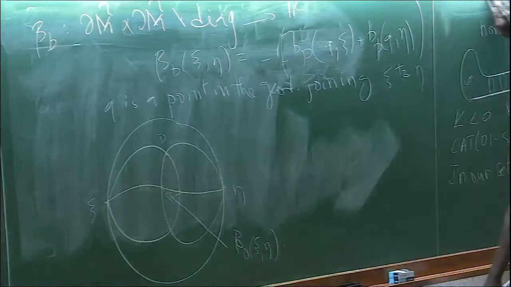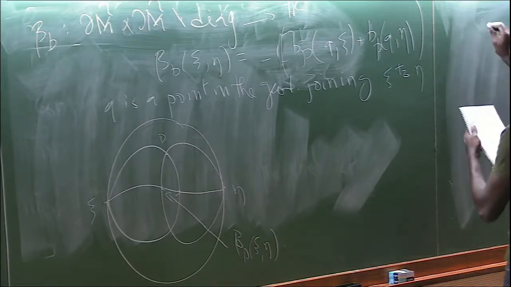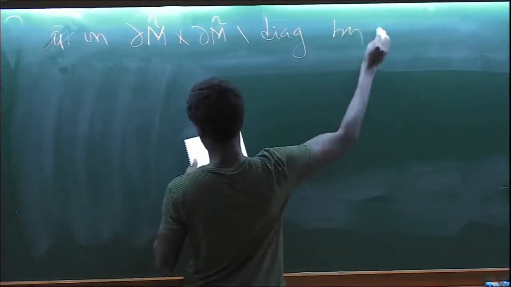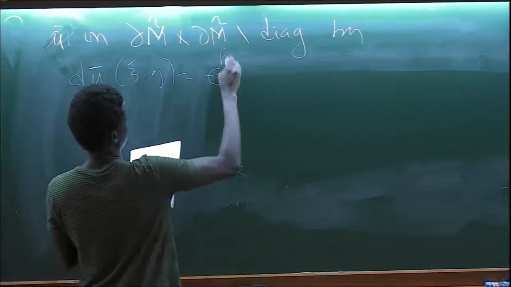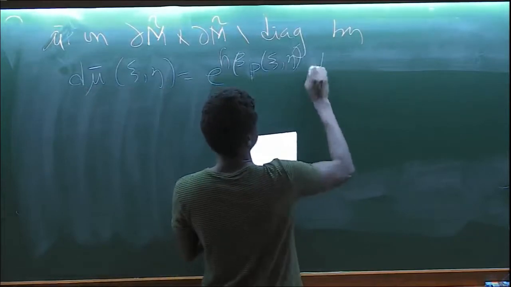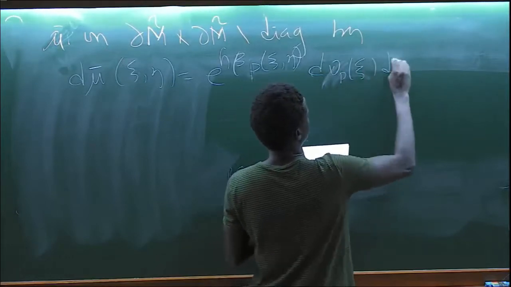And after this, we can define a measure on the product now. So we define mu bar on the product, boundary minus the diagonal, as a product measure: d mu bar(psi, eta) equals exponential of h times beta_P(psi, eta) d nu_P(psi) d nu_P(eta).